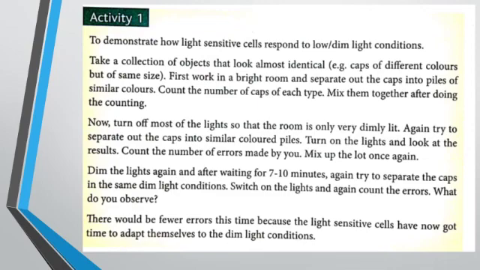You know that rod cells become active in dim light. In the second situation, you have taken 7 to 10 minutes to make your rod cells active. So in the second case, the errors are limited in number.